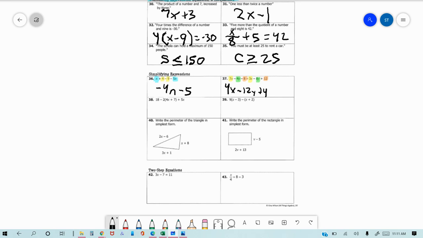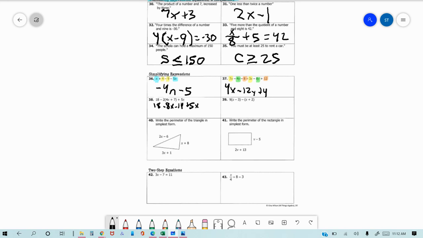Okay? All right. For number 18, 18 minus, we're going to go ahead and add these together. So 8x minus 14 plus 5x.